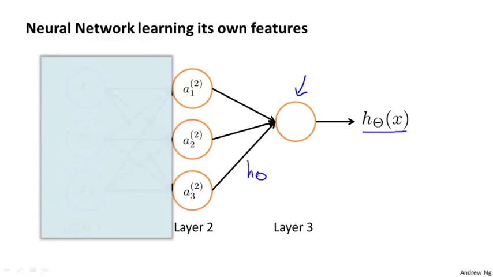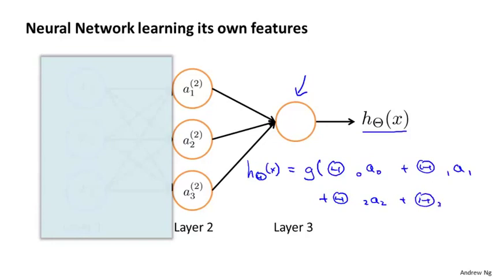Concretely, h of x is going to be equal to g, my sigmoid activation function, of theta 0 times a0, which is equal to 1, plus theta 1 times a1, plus theta 2 times a2 plus theta 3 times a3, where the values a1, a2, a3 are those given by these three hidden units.